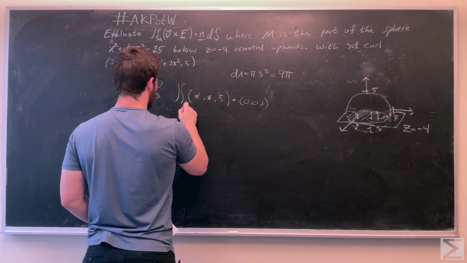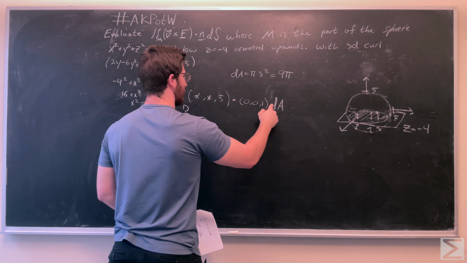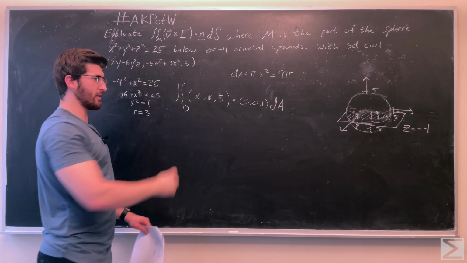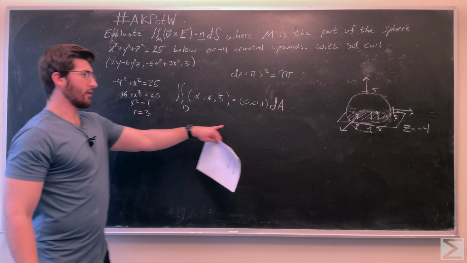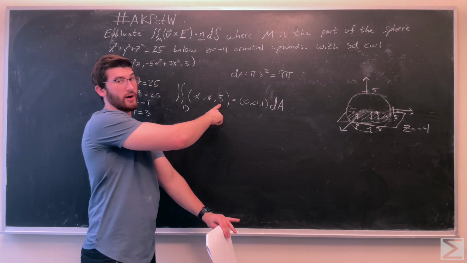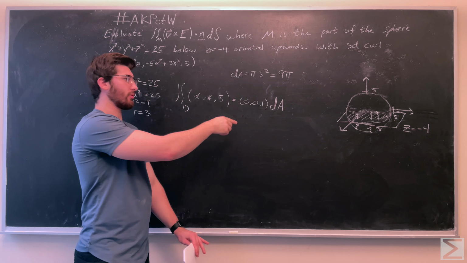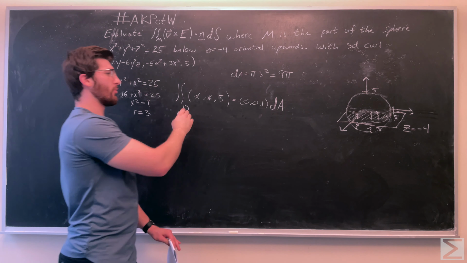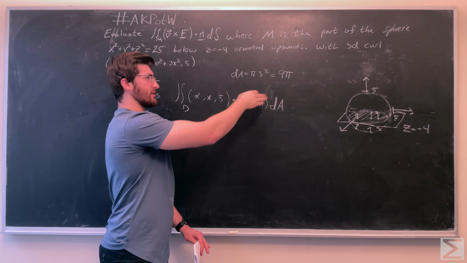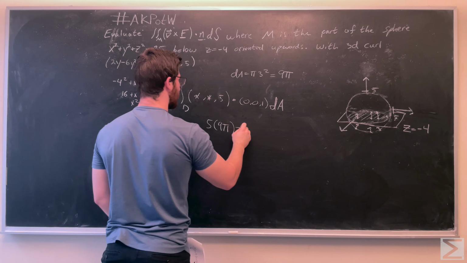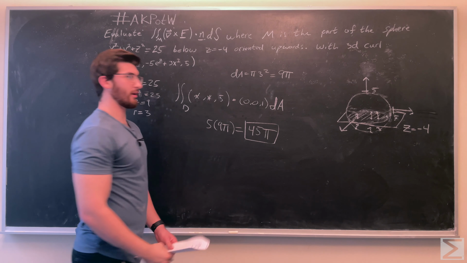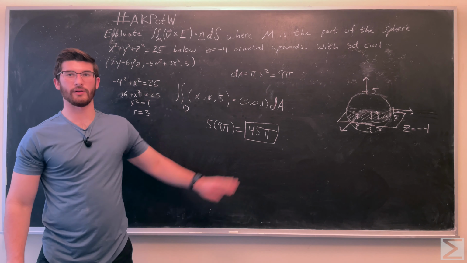And so we're going to be taking this over the region that is the disk, so D. And we know that since this is going to be a constant, 5 times 1 plus 0 plus 0, we can just multiply this by dA, which is 9 pi. And we get a final answer of 45 pi.